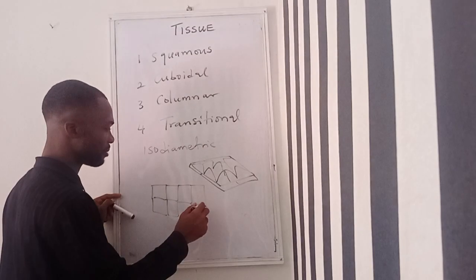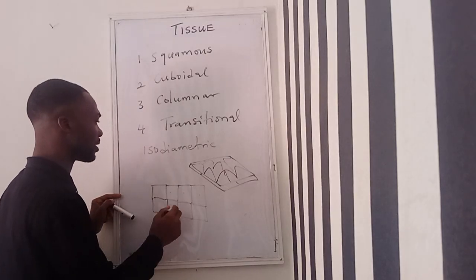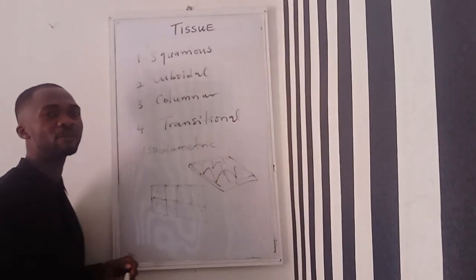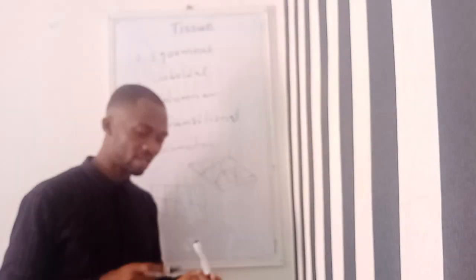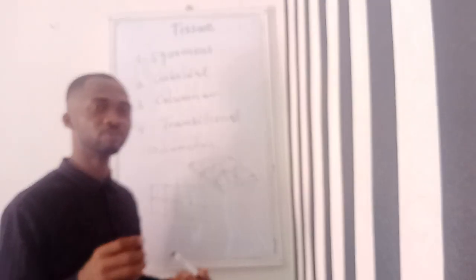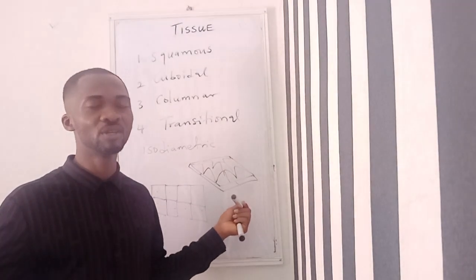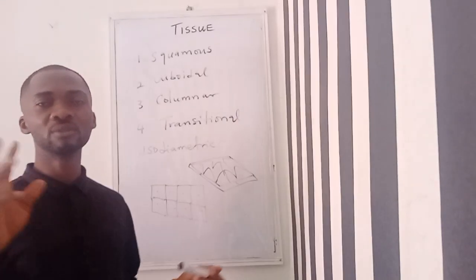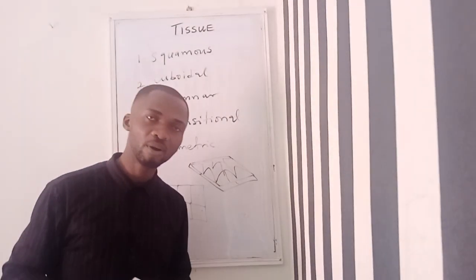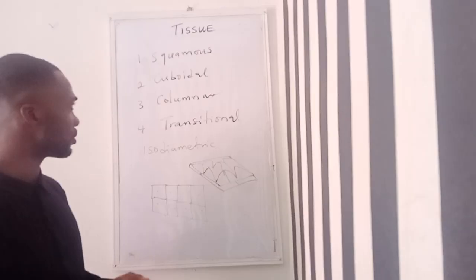They are cuboidal in shape, just like a cube. That means that their length is the same as their width. That is a basic thing you should know about this type of epithelial tissue.